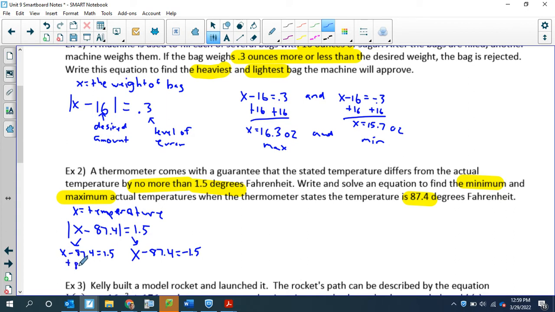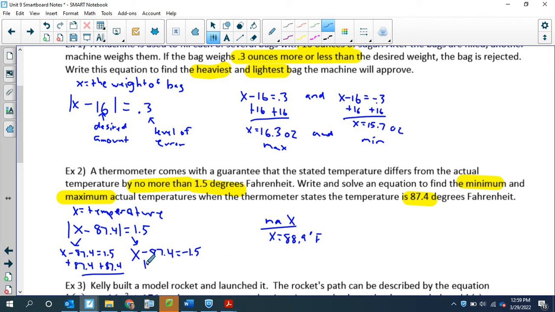So when we add 87.4 to both sides, our maximum will be x equals 88.9 degrees Fahrenheit.